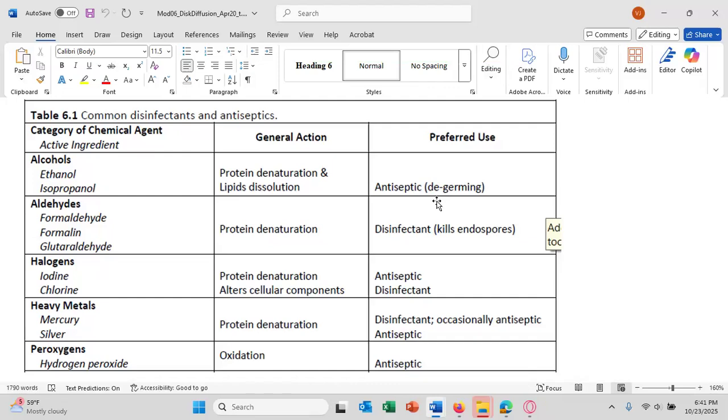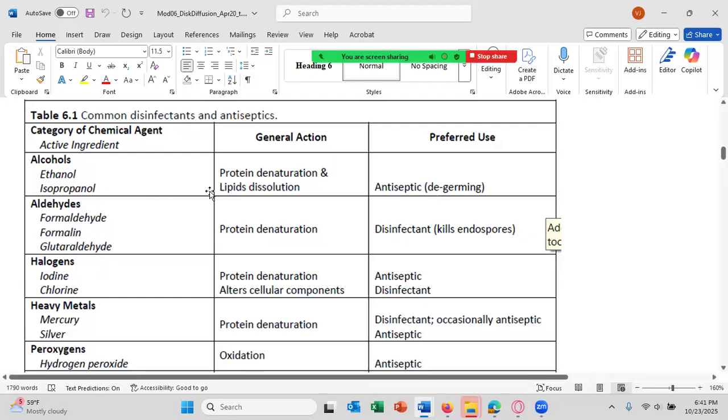They just reduce the number of microbes to an acceptable level, which is why we de-germ with alcohol before we give a needle injection, to reduce the number of microbes to a safe level. And then if you poke the skin, so few microbes are put inside the skin that the immune system can handle it and remove the microbes. Any question about that? So ethanol and isopropanol are very weak, and that's why we call them de-germing agents.